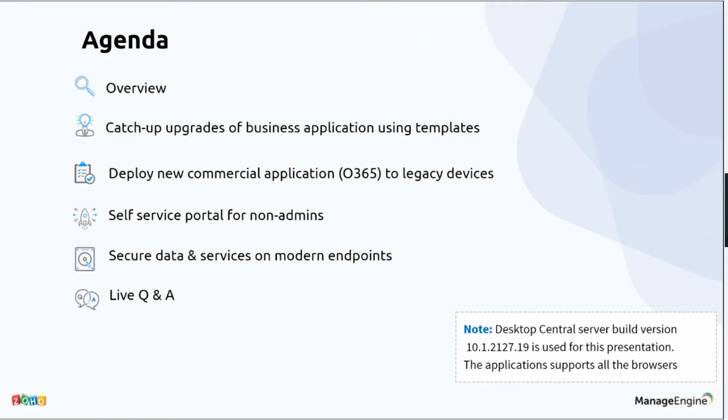We'll also talk about deploying commercial applications which are not available in the templates, but how to create a package and deploy them. We'll talk about the self-service portal for non-admins, so users who don't have admin rights. We will see how to get software deployed or how to make them deploy their own software. We'll also see how to secure data and services on modern endpoints. And we'll also have a live Q&A session by the end of this webinar.